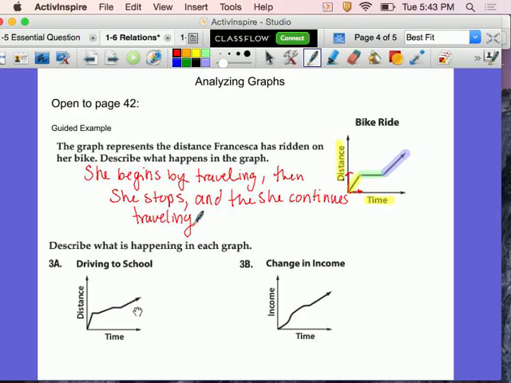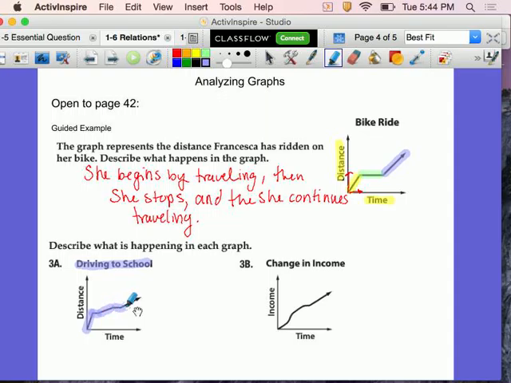Okay, so I'm not going to write the entire answer down because you don't want to watch me write, but I will say it. So make sure you are listening and following along. And I'll kind of try to follow along with my pen here. This is driving to school. So what happens? Well, they start out going pretty fast because they go a fast distance to begin with. Then they stop, maybe at a red light. Then they travel again, but a little more slowly because they don't get as far.